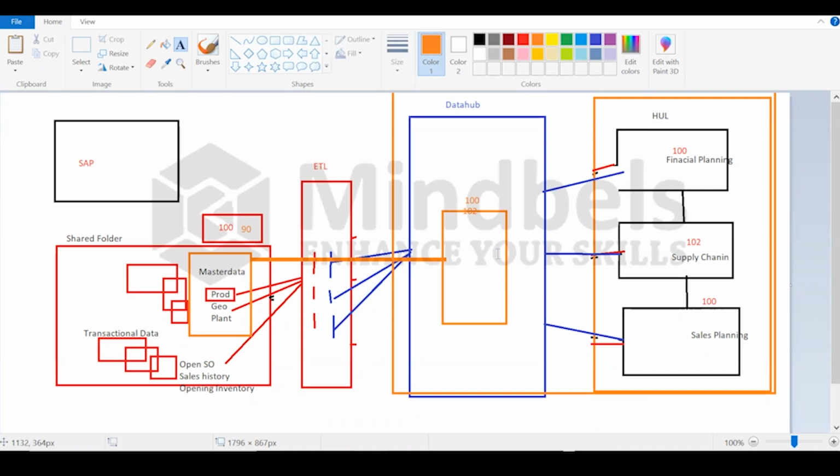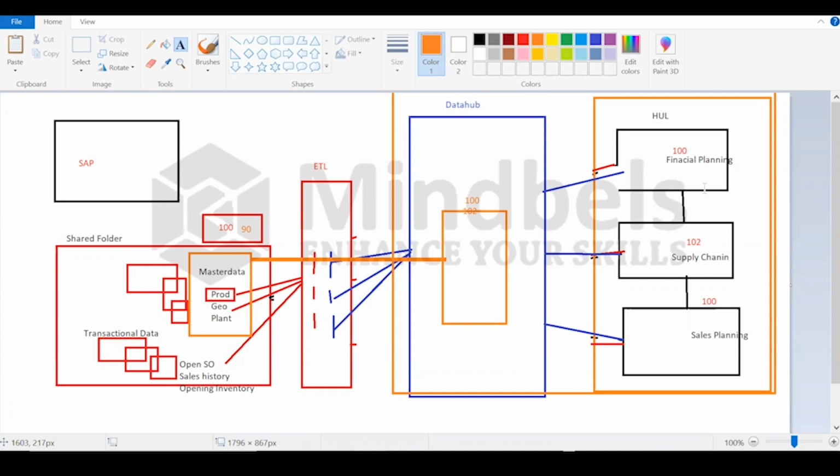Correct? And one more reason: instead of directly transforming master data and transaction data into spoke models, if we create one data hub model, then our spoke models' performance could increase. So can we say this would consistently save our time?